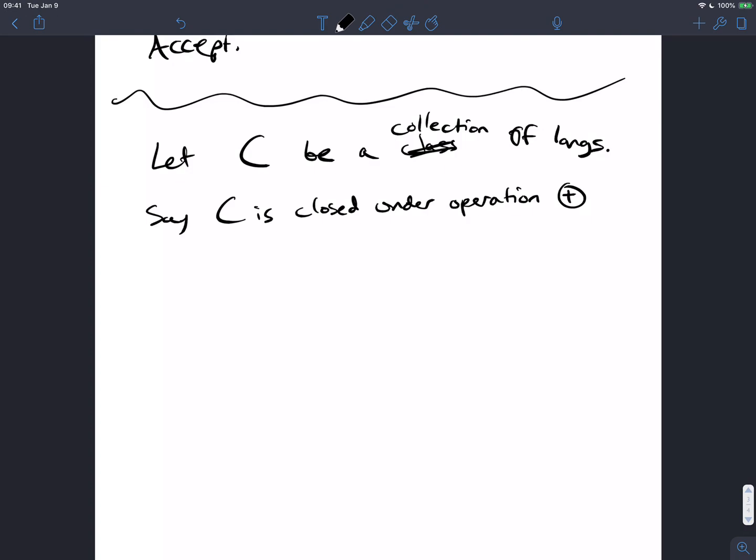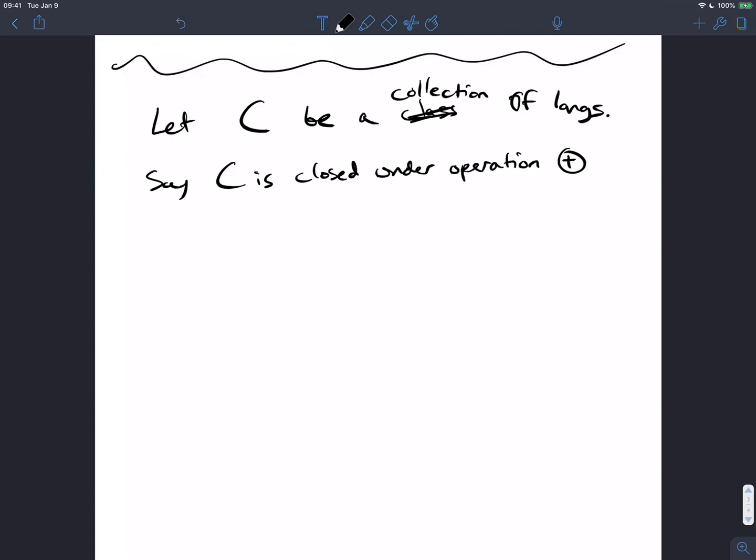I'm just defining it in a general context. We say that it is closed under operation O+ if for any two languages L1 and L2 that you pick out of C, when you apply this operation to L1 and L2, the resulting language is also in C.